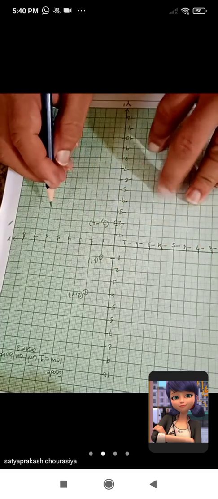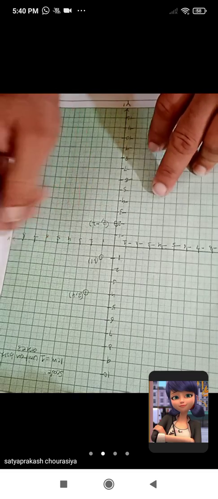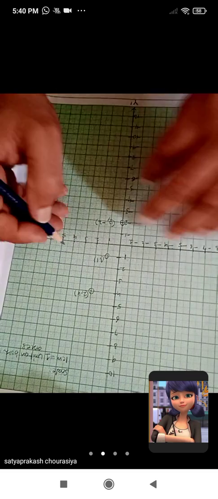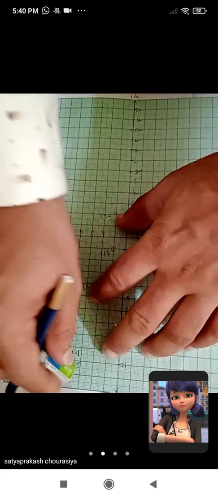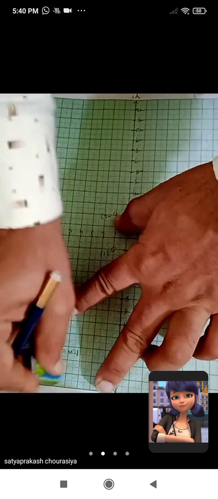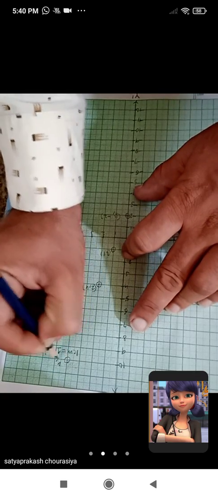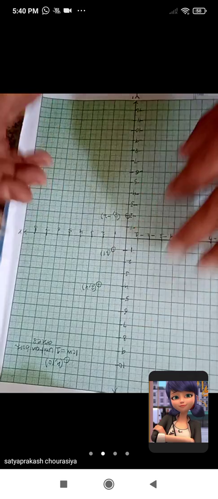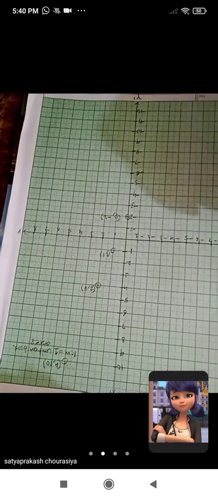Next point is 4 comma 10. Okay, 4 comma 10. Now we have plotted all 4 points of the first equation.